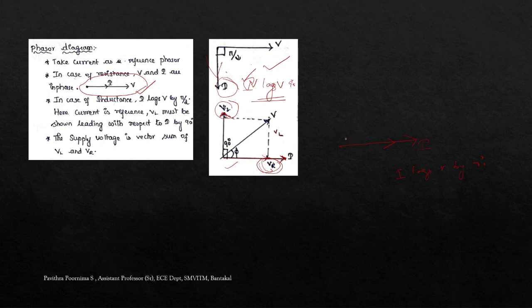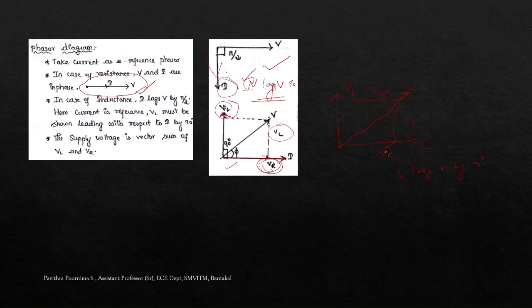Normally this is the phasor diagram of the inductance, no? If you take I as the reference, then VL comes above. This is VL, and this is VR. Combining these two voltages gives the total voltage V. So this is VL, and this is VR.